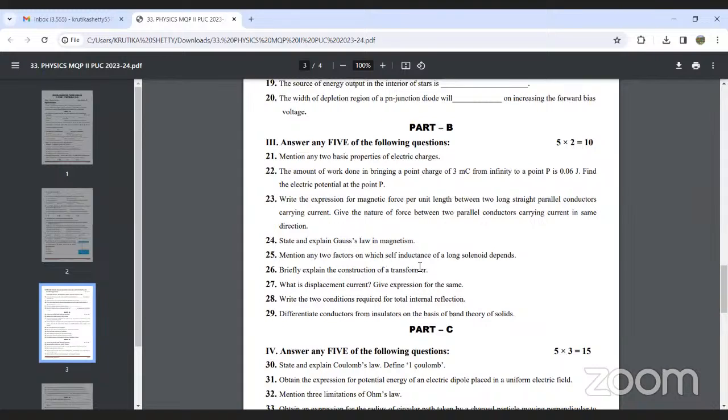Mention any two factors on which self-inductance of a long solenoid depends.